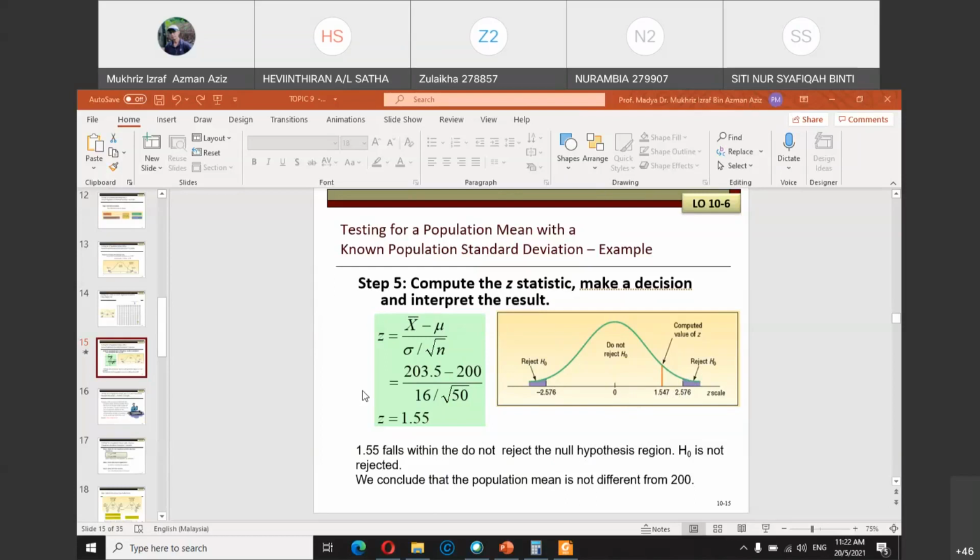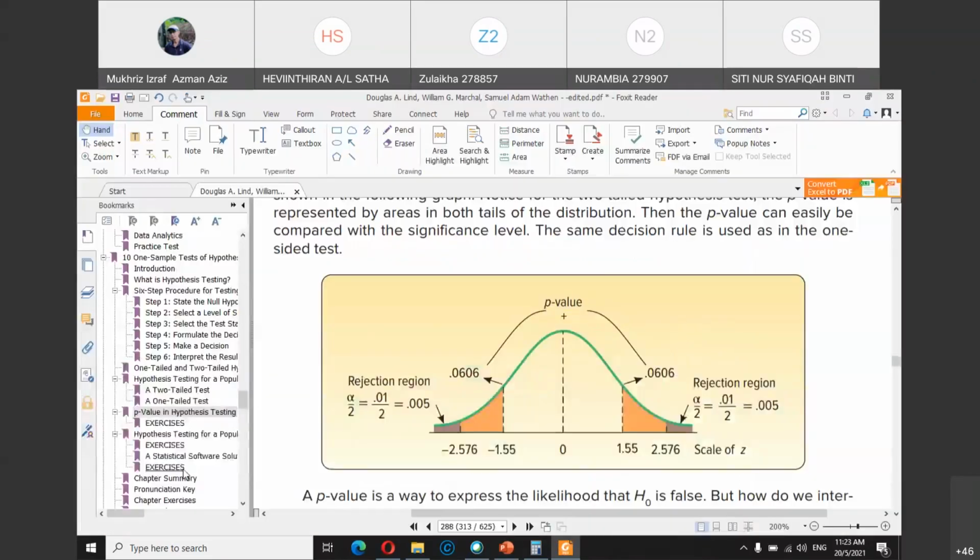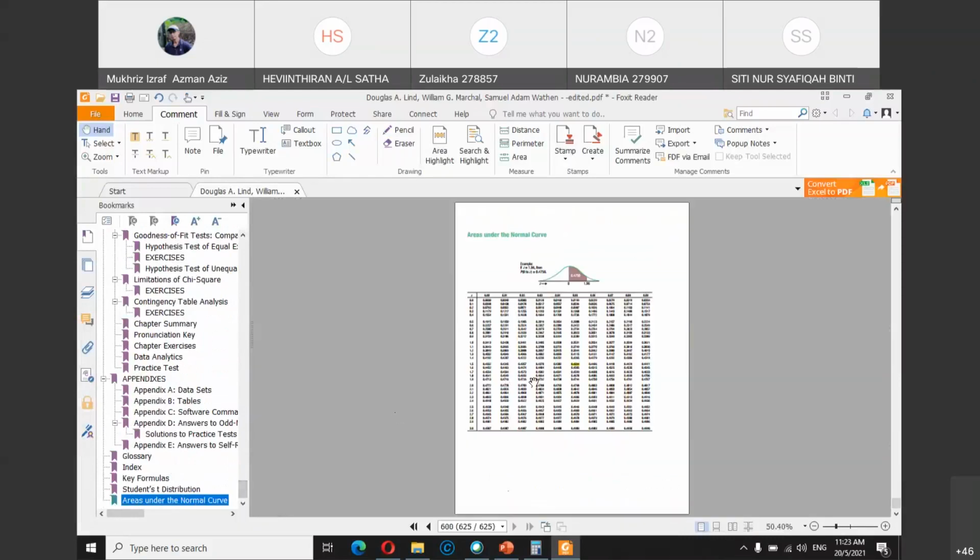The p-value, whether you are using the Z table or the T table. The T table is slightly different, and I'm going to show you later on. But for the Z distribution, it is very simple and straightforward. For the Z value you get here, 1.55, check your Z table for the corresponding area under the curve.